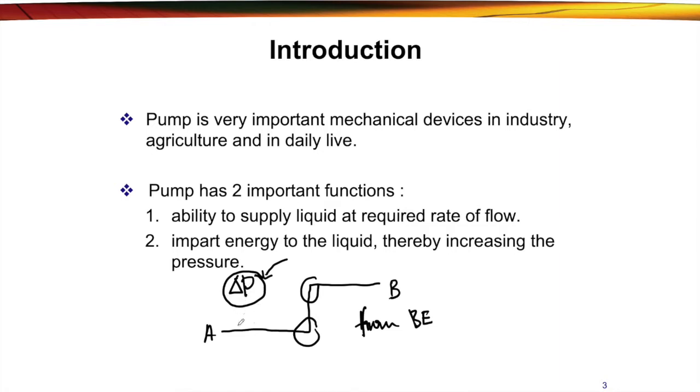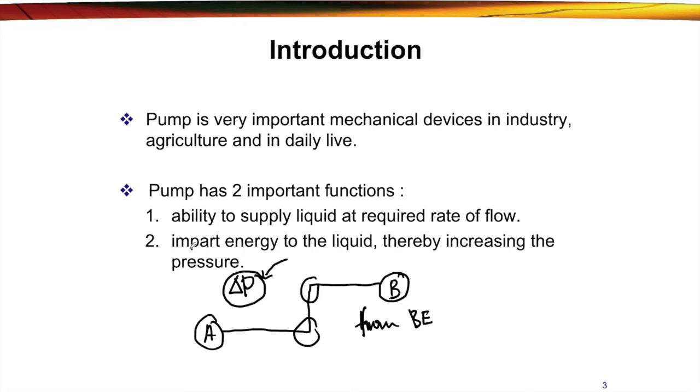So if the pump imparts an energy or supplies a pressure that is below the delta P, which is not enough to overcome this delta P, therefore the liquid will not flow from point A to point B. So that is the important function of the pump.